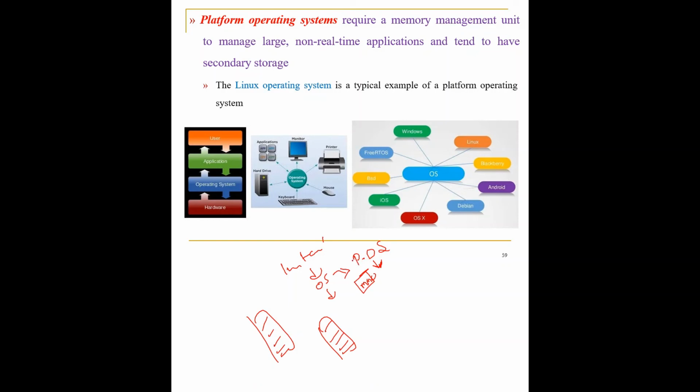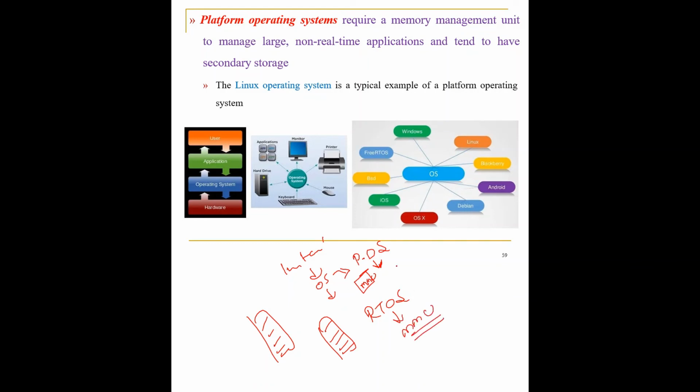However, whenever I speak about real-time operating system and platform operating system, they are not mutually exclusive. That is, there are operating systems that use an ARM core with a memory management unit and have real-time characteristics, which means you can have an embedded system which is using a real-time operating system and this can have an MMU.